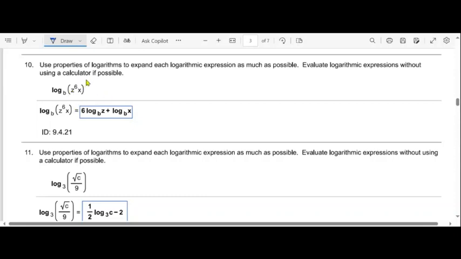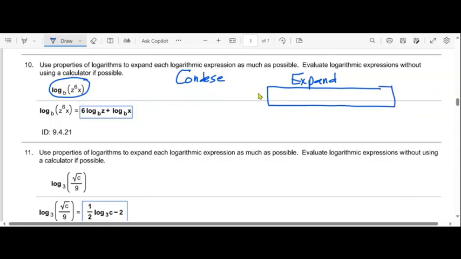Very good. So we have something called condense, and we have expand, right? Is this condense or expand? How could we know? Is it written in a small area, like condensed, or written like expand, in a big area?